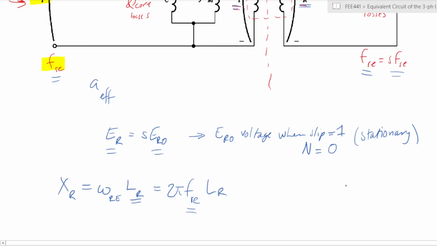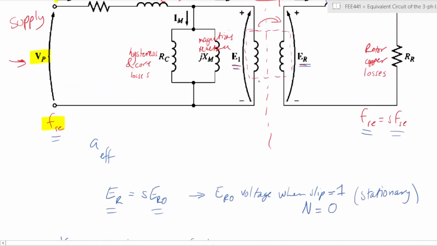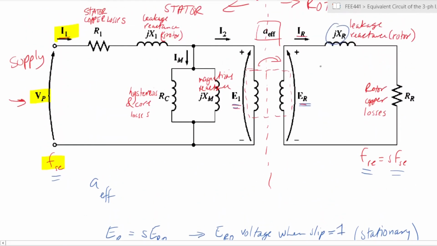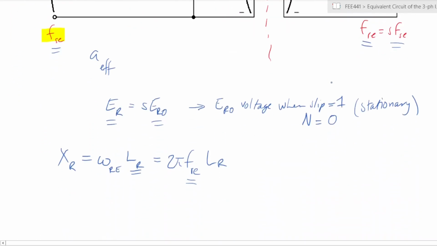So already this is starting to look familiar because we know this is given by FRE. At this point we can see we may be able to relate an element on the rotor side to something on the stator side, which is what we are aiming to do. We want to see how we can reconnect the electrically separated rotor circuit to the stator.